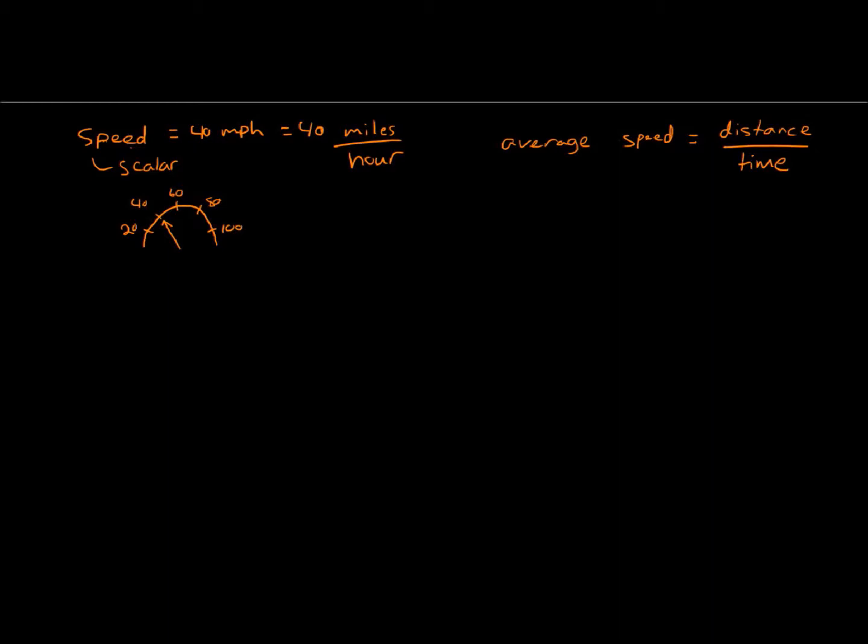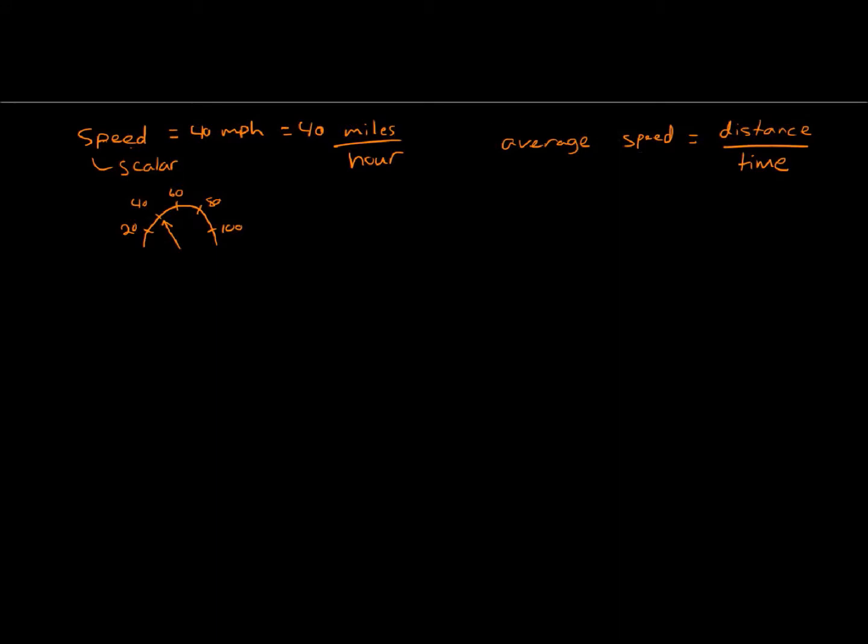You can't say I'm going northward in time, or east in time. If you told someone you're going south in time, they would look at you like you were crazy. So for our purposes, time is a scalar, and it makes sense that a scalar divided by a scalar gives you another scalar.